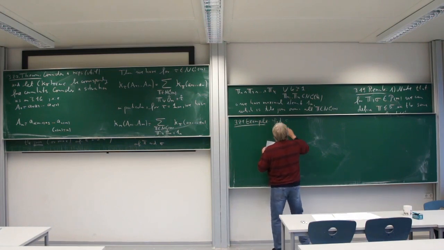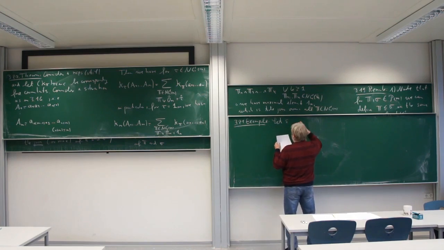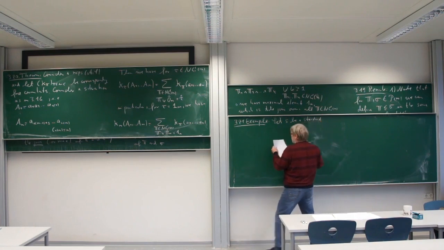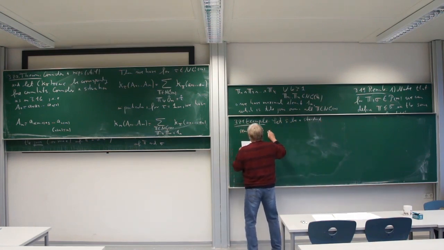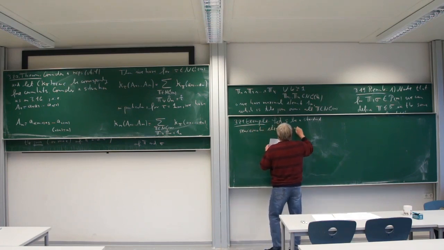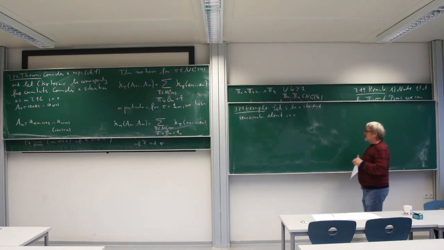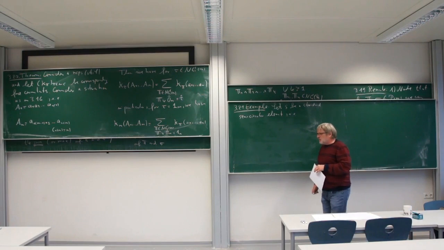Okay, so let us take the standard semicircular element. We denote this by S. And as we have seen last time, a semicircular element is determined by the fact that only its second order cumulants are different from zero.